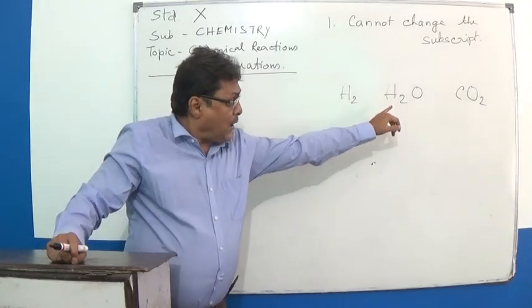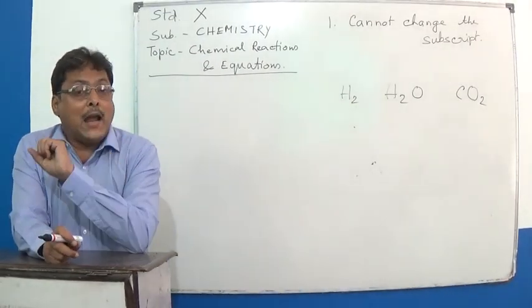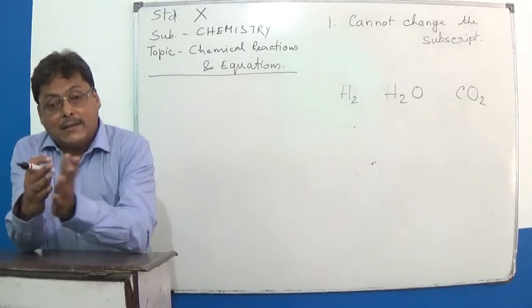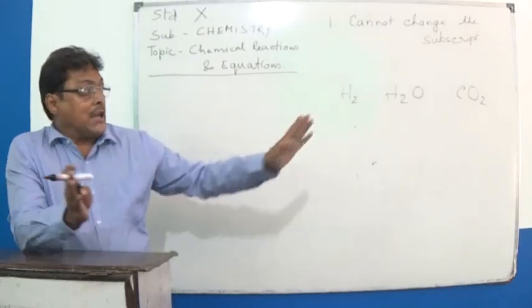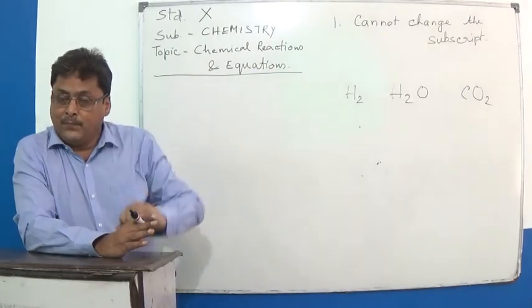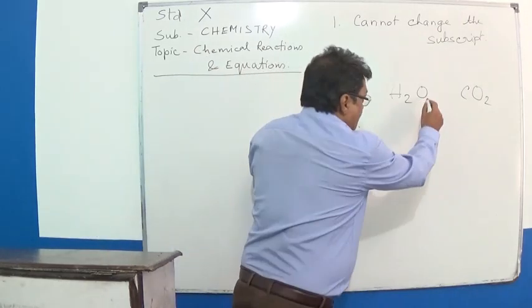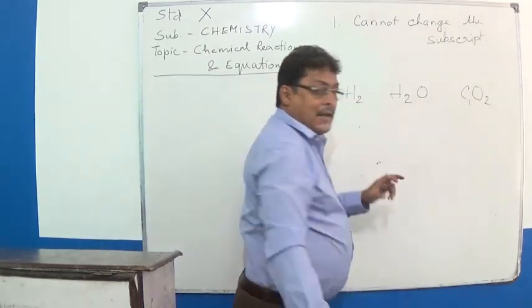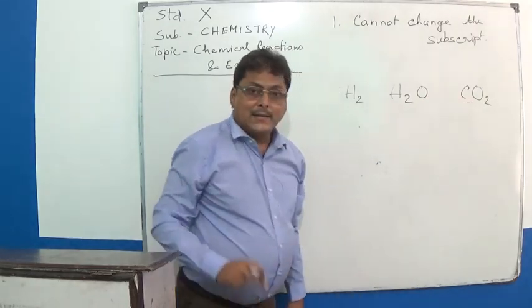And in case of a compound formula, the subscript denotes how many atoms have reacted with the other elements. So we cannot change the subscript, never. And here is also one as a subscript. We don't write one, but we must take that it is one written.